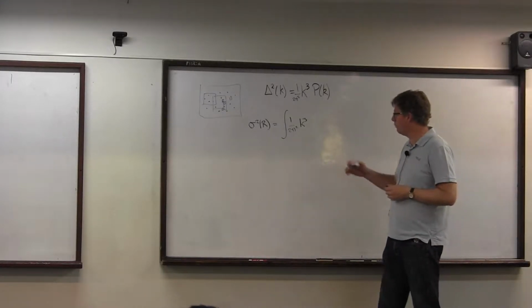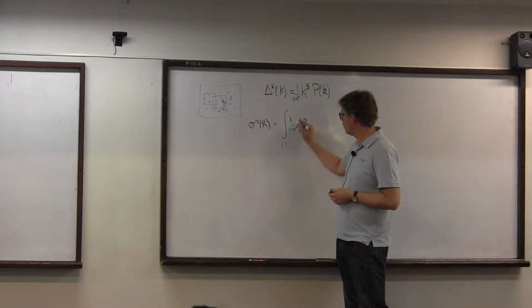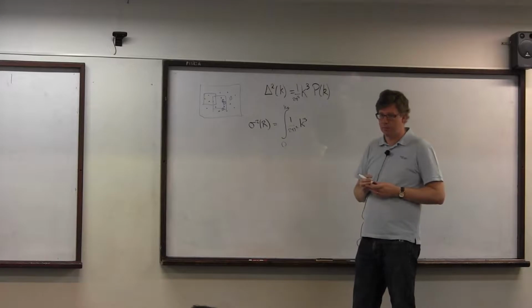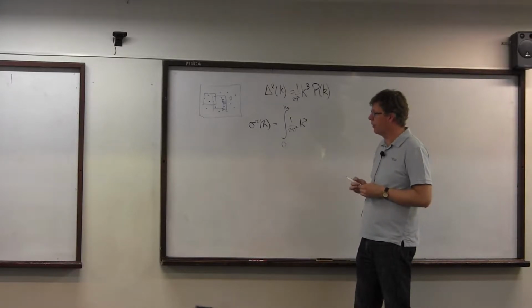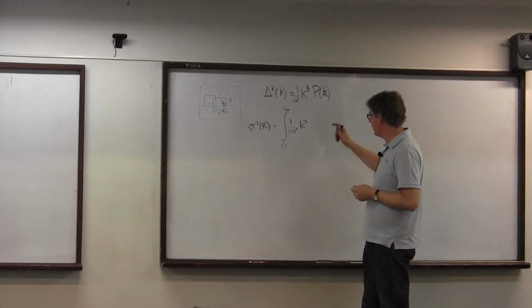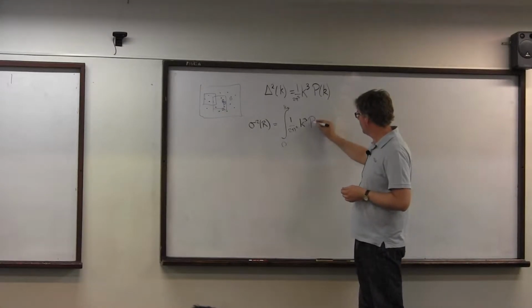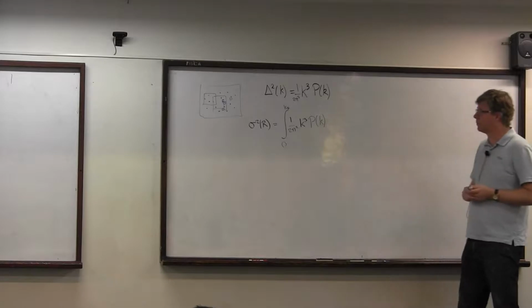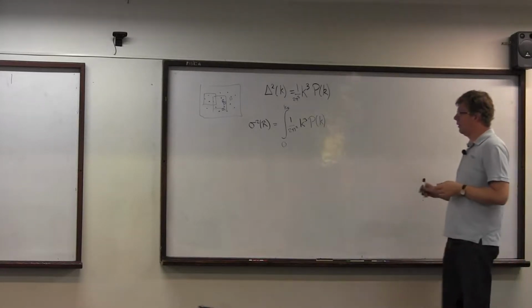I'm going to make a window function that basically just goes from 0 to k_f, some simple cutoff in k space, and then P(k), and then dk.